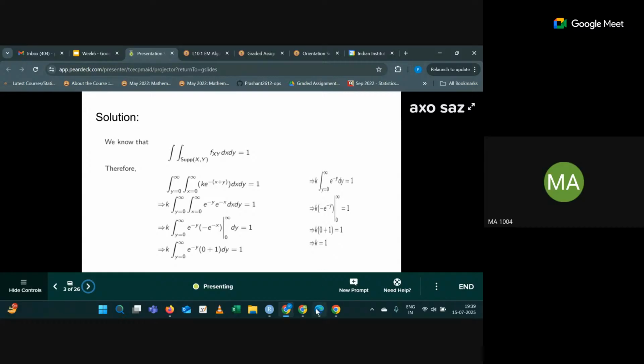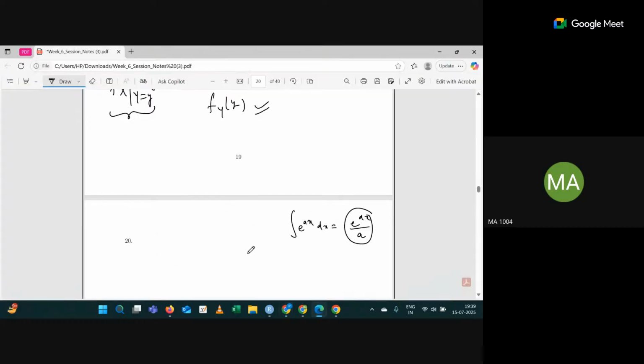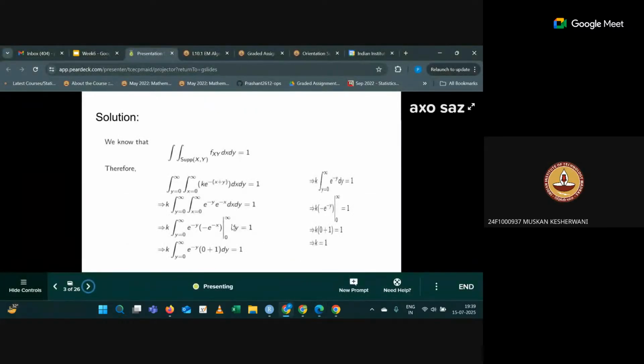So there is one concept. If you want to integrate e raised power ax dx, this is the same as e raised power ax divided by a. If you have e raised power minus x dx, instead of a we have minus 1. So it will be e raised power minus x divided by minus 1, and just substitute whatever the limits of x and y are given. Sir, sign will also be taken from a.